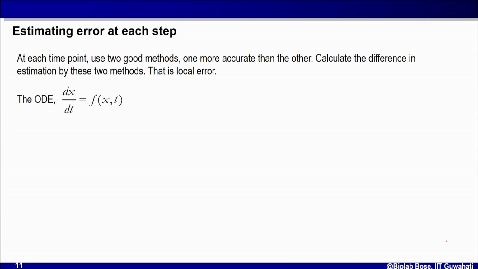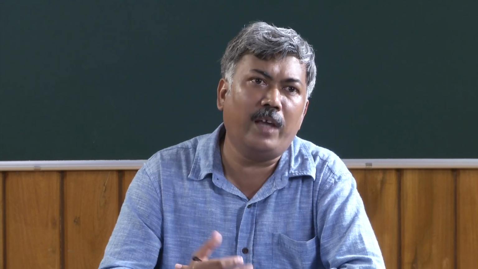Rather than comparing with the real one, you take two algorithms. One algorithm is more accurate than the other, and you know that. There are many algorithms in the family of Runge-Kutta methods. We have discussed the fourth order. There is also a fifth order Runge-Kutta method, and that one is better than the fourth order one.